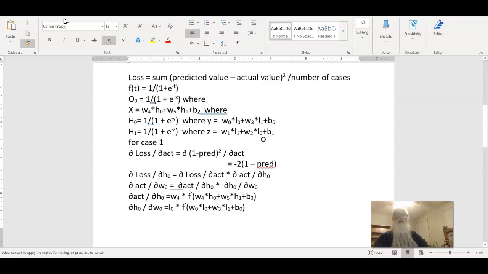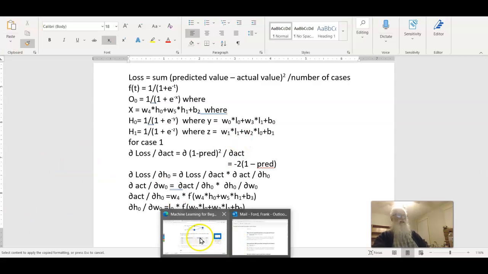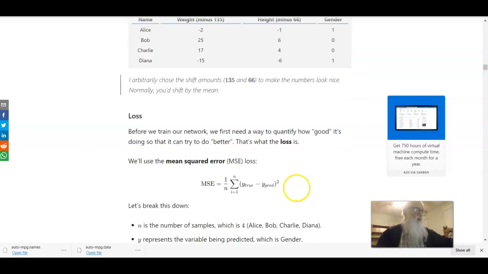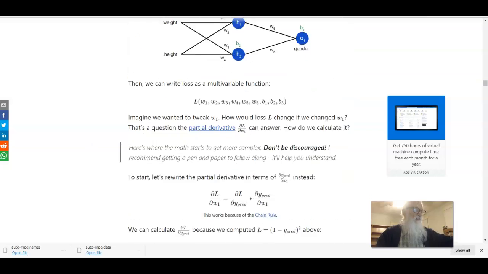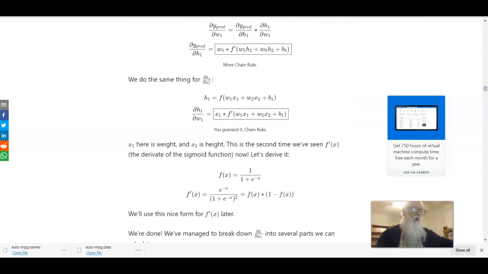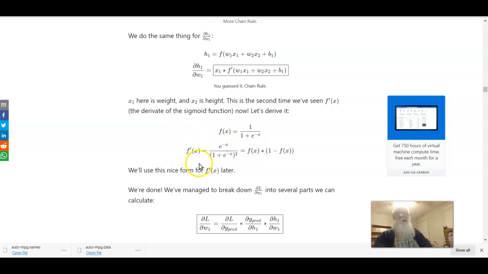Now, one thing you should know is that there's a nice definition of the derivative of the sigmoid. You can see it right here. Go down some. Here it is. The derivative of the sigmoid is e to the minus x over 1 plus e to the minus x squared. Now, how did they get that? Well, it's the derivative of a quotient.